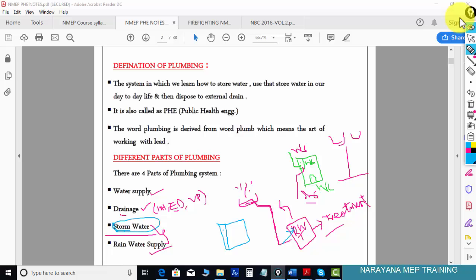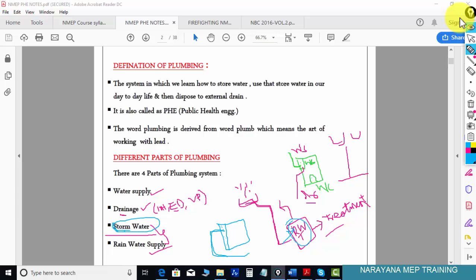That water will be disposed outside. We'll throw it, basically, because when people wash the floor, some acid and all the content will be there, so that water we cannot use here, right?